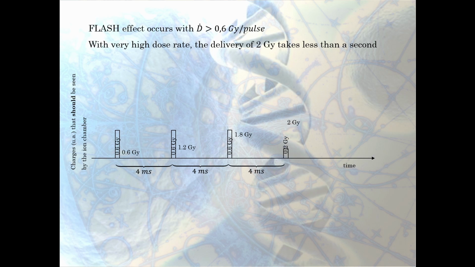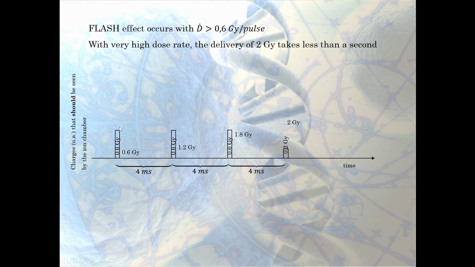Let's say you remember, the community agrees that the flash effect occurs somehow above 0.6 gray per pulse. And it takes a small portion of a second at this very high dose rate to deliver the 2 grays. Let's see what you would expect from an ionization chamber or monitor chamber embedded in the head of the LINAC.